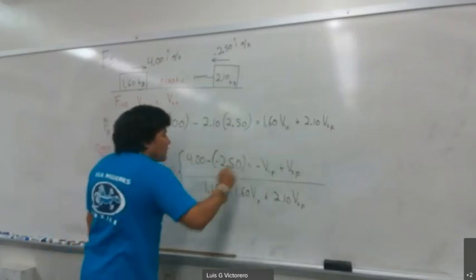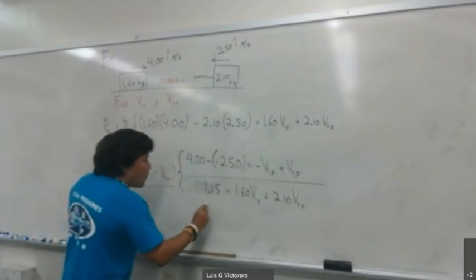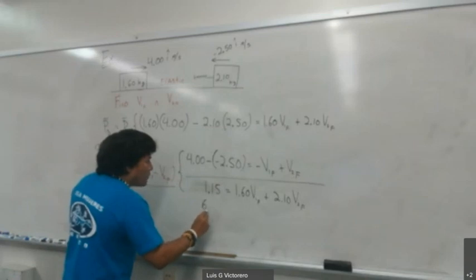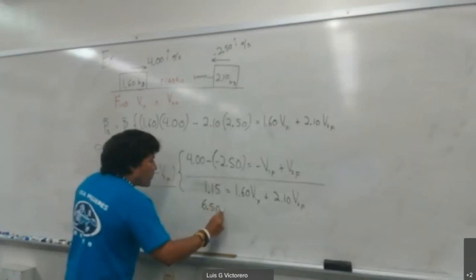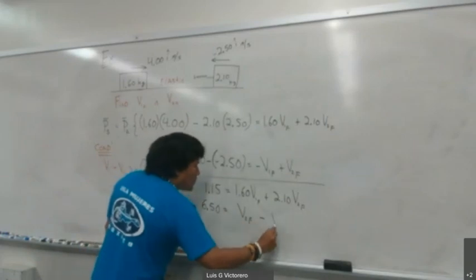That's this. This one will be 6.50 equals V2 final minus V1 final.